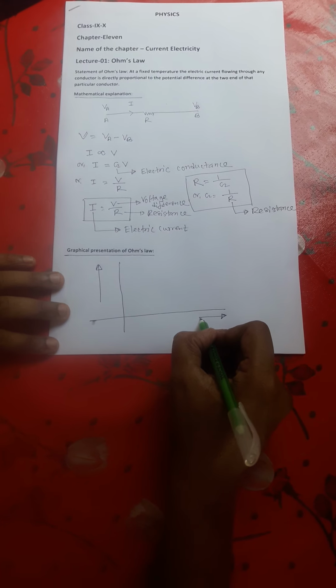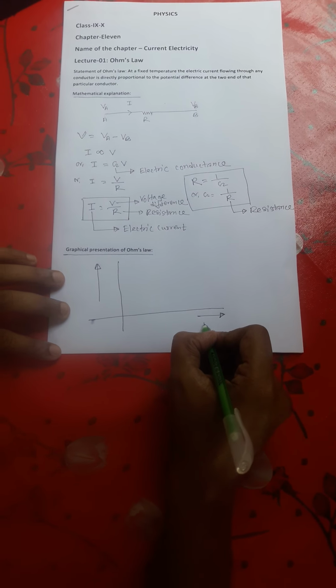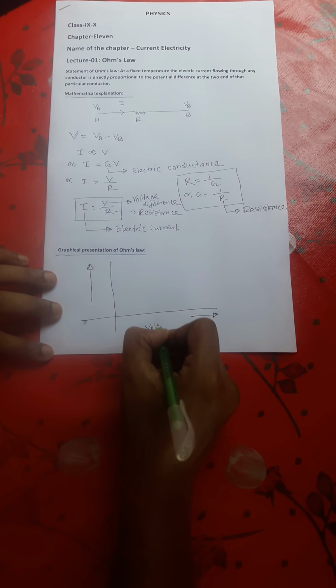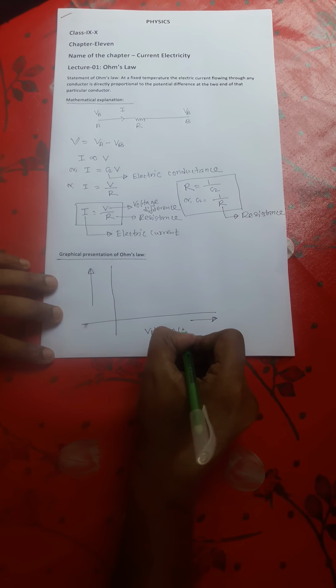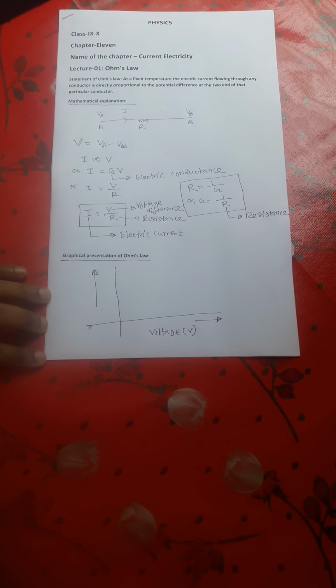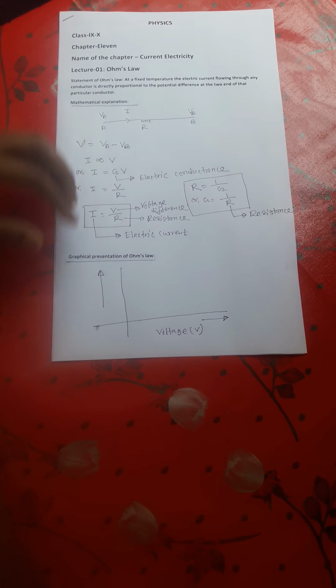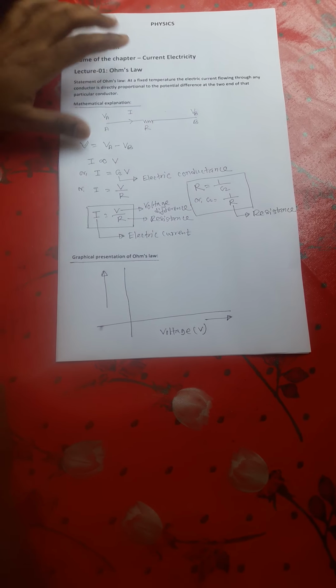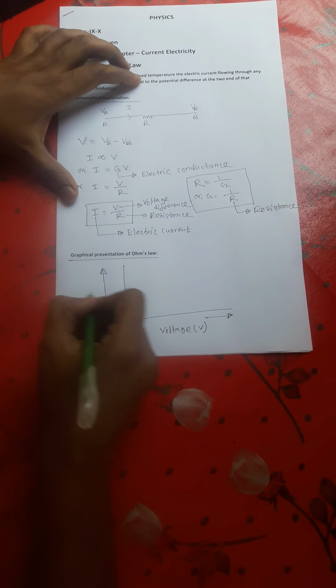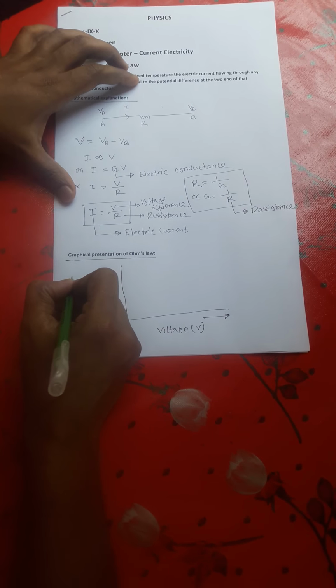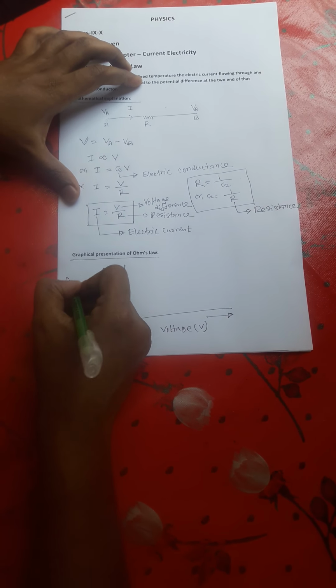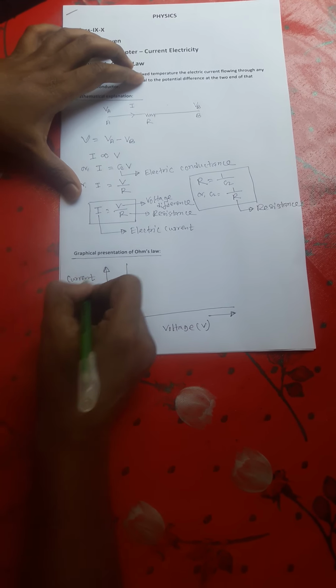Along the independent axis we apply voltage V, because current depends on voltage, so voltage is the independent quantity. And on the y-axis we apply electric current I.